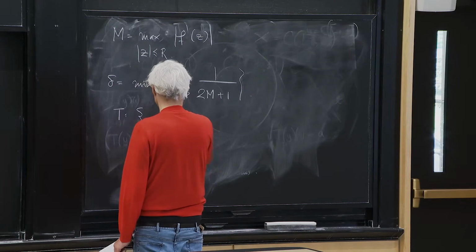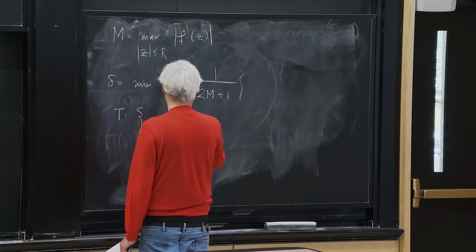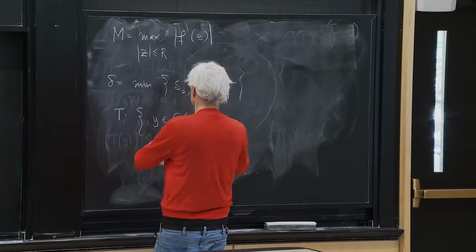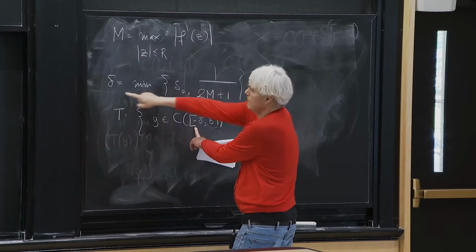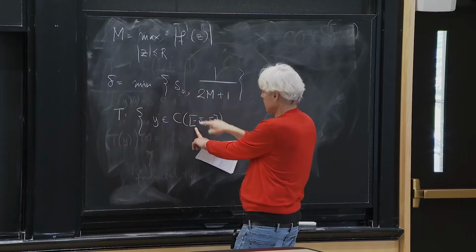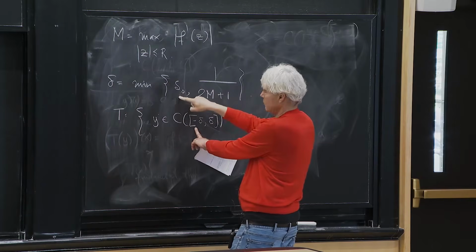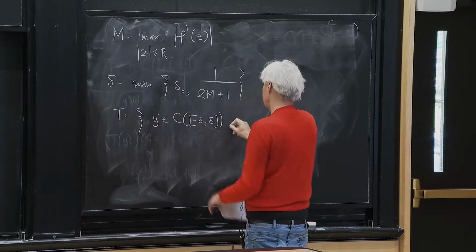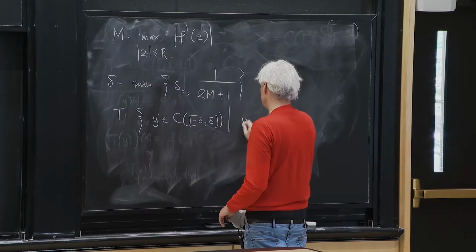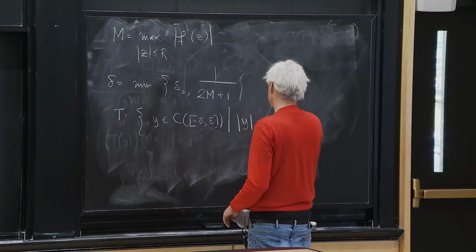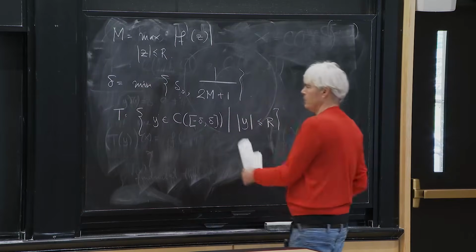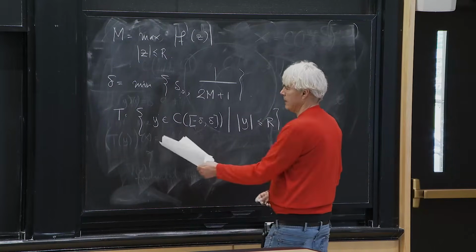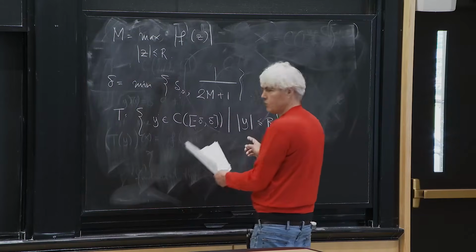So y here is a continuous function on now this little interval. This interval is contained in the corresponding interval with the delta 0. So it's y in this space such that the norm here at each point is less or equal to r. That's a space I'm going to look at.